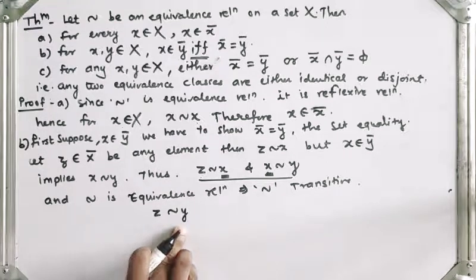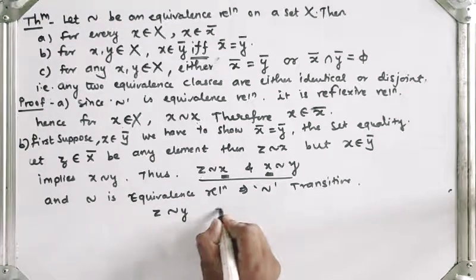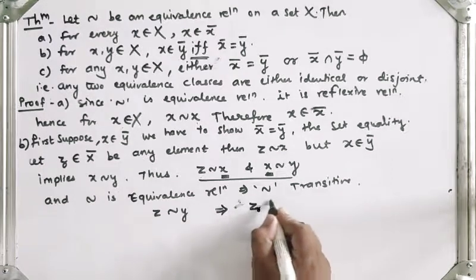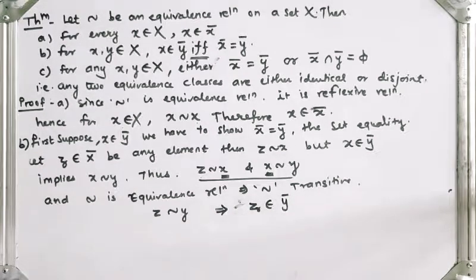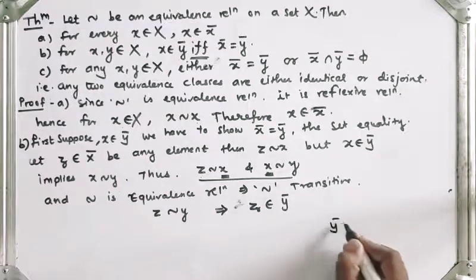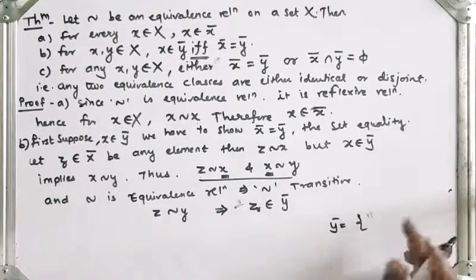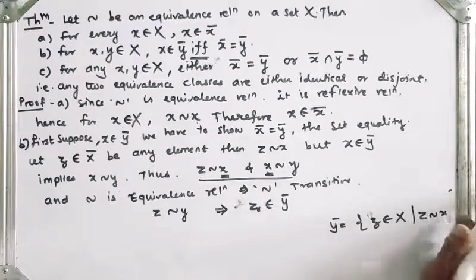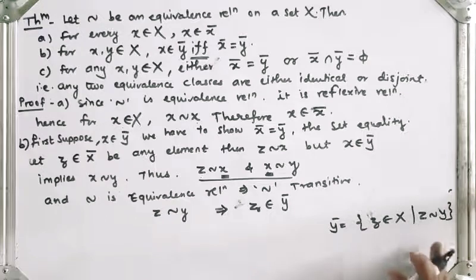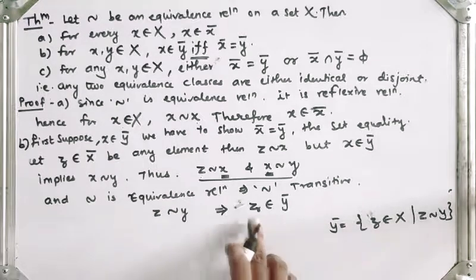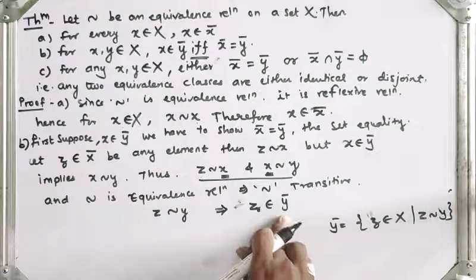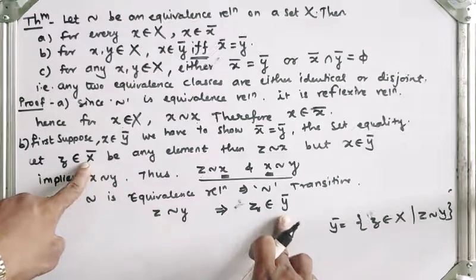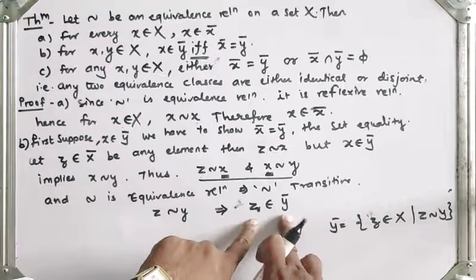Z equivalent to y means z belongs to the equivalence class of y, because the equivalence class y bar is equal to the set of all those z belonging to X such that z equivalent to y. This is the definition of the equivalence class, so z belongs to y bar.